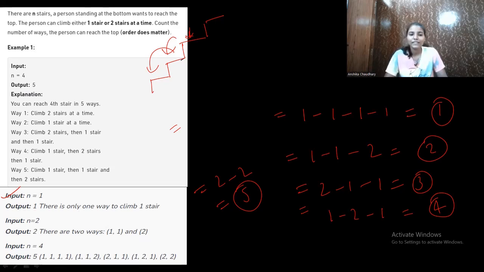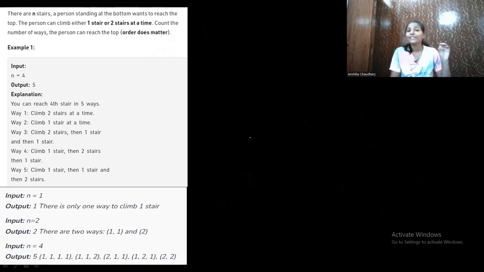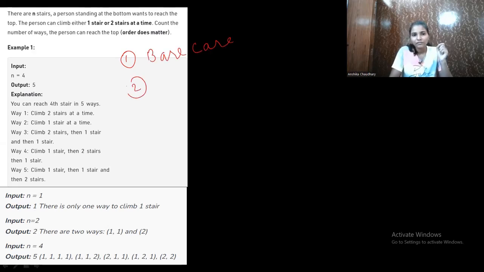Now how does recursion work? We have found out that this is a recursion based problem. Now how can we solve a recursion based problem? First of all, we have to find out the base case so that we can break the recursion. Then we have to find out what the recursive calls can be.